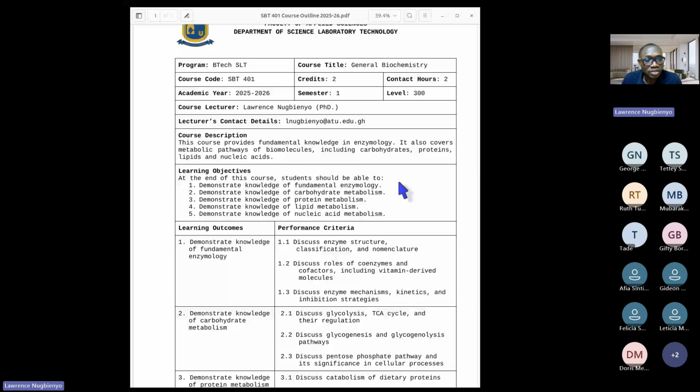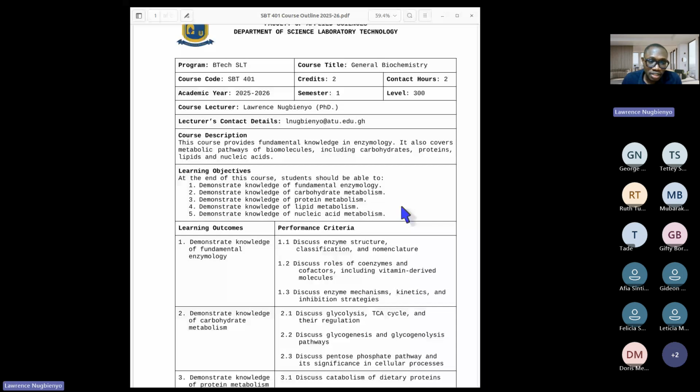And then we go forward to look at metabolism of carbohydrates. Then we look at metabolism of proteins. And we look at metabolism of lipids, that's fats and oils. And then metabolism of nucleic acids. So generally, this is what we are going to do.